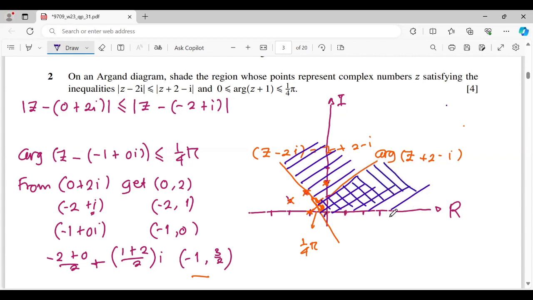Under this one you have no need to shade, because this area is not the solution area. So the crossing of the blue color is the area of solution.